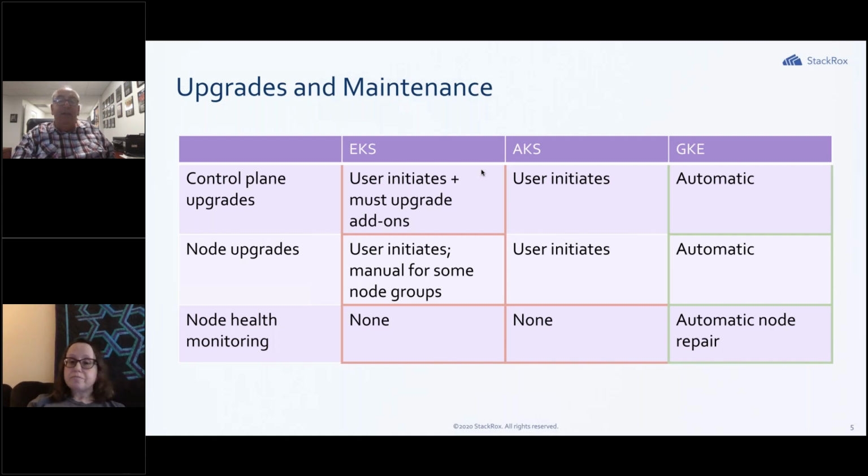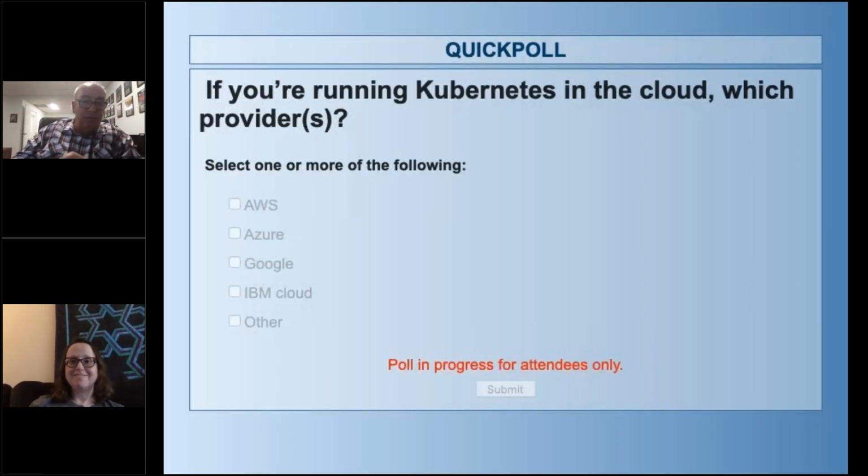Fantastic. Karen, if you don't mind, I'd like to butt in here for a second and do our last polling question, which is, let's find out whether people are using AWS, Azure, Google, IBM, or some other. We're going to launch a poll. Guys, I realize it's 1:30 on the East Coast, so we'll try to pick it up. If you're running Kubernetes in the cloud, which provider are you?